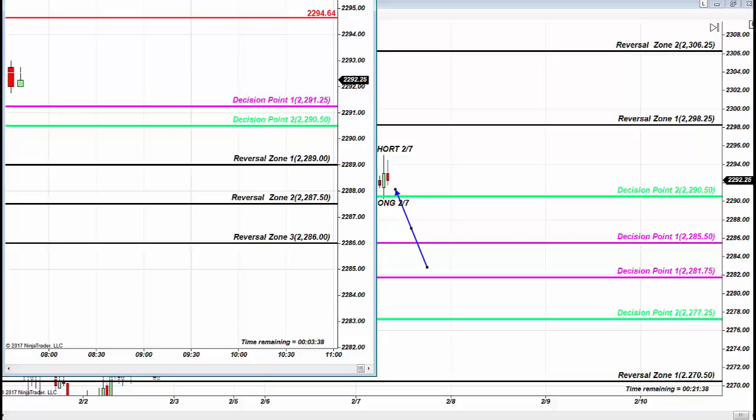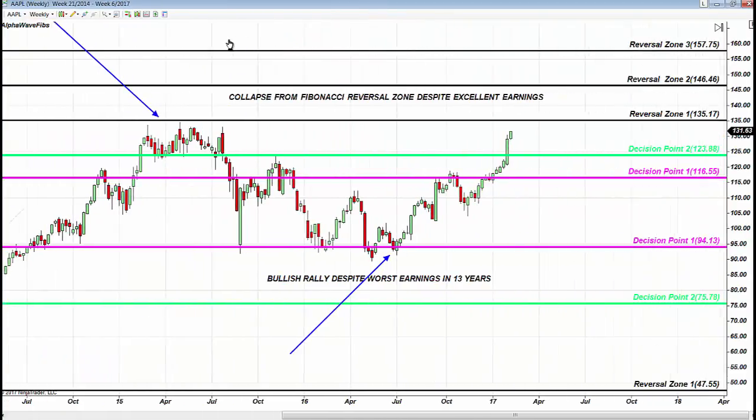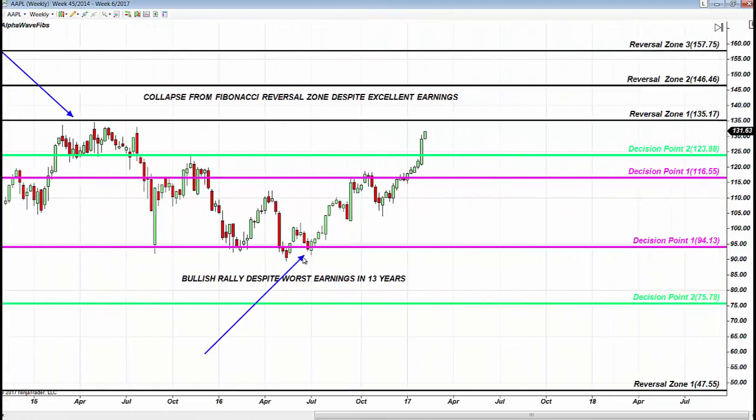And this is exactly what happened on Apple. It's the exact same Fibonacci level. This is where price collapsed to, despite stunning earnings. This was the Fibonacci reversal zone. But this is where I said Apple would rally from, despite the worst earnings in 13 years. And this is where Apple is heading to.